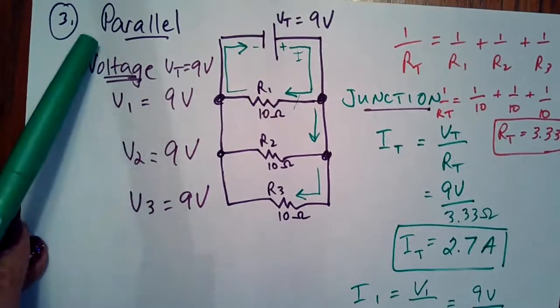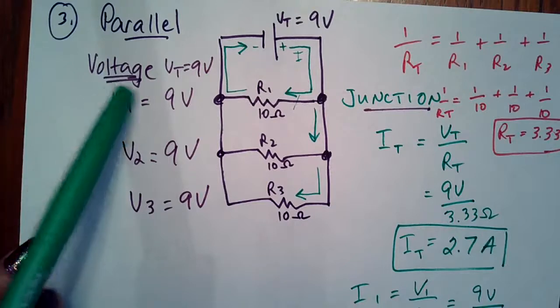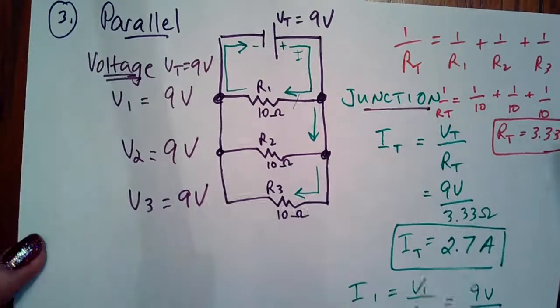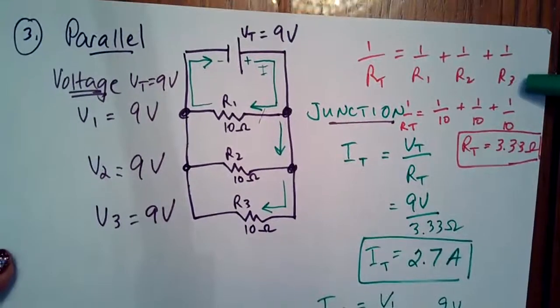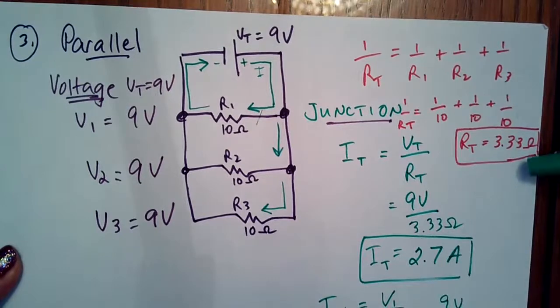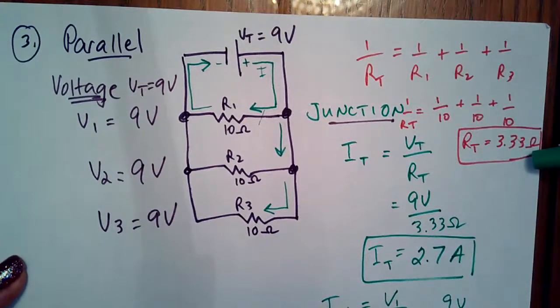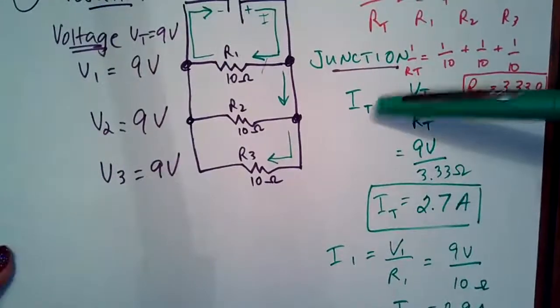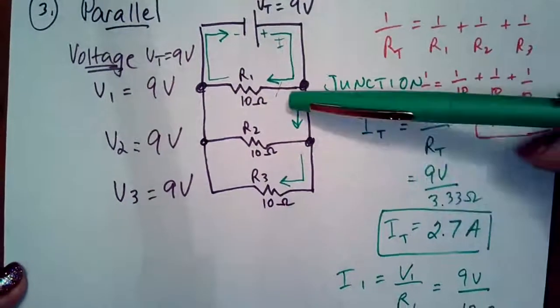Because in a parallel circuit, what is the same as the total and the individual ones? The voltage. So we apply the reciprocal here for finding the total or the equivalent resistance. And we have less than the individual resistance because that's what happens in a parallel circuit.